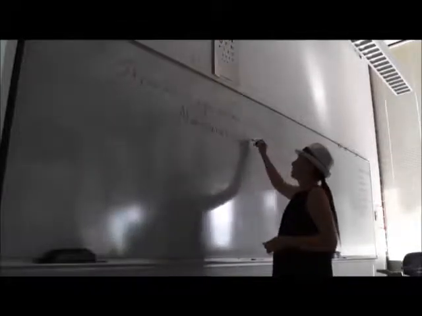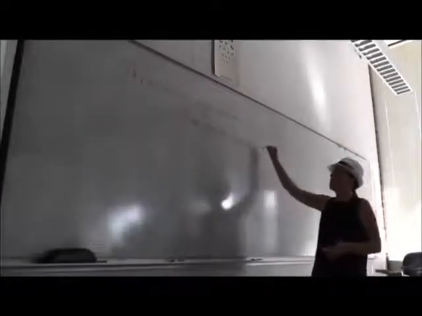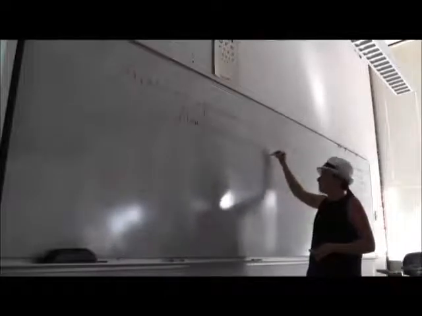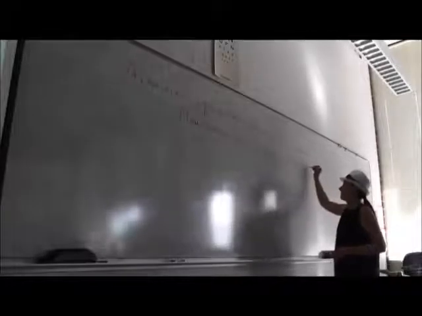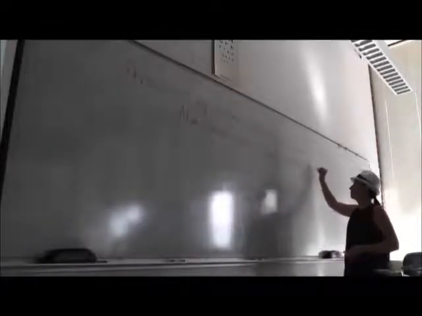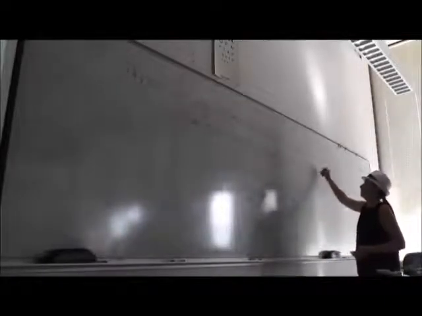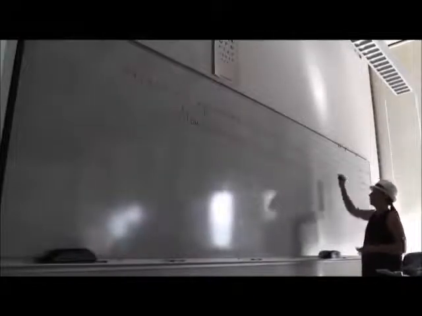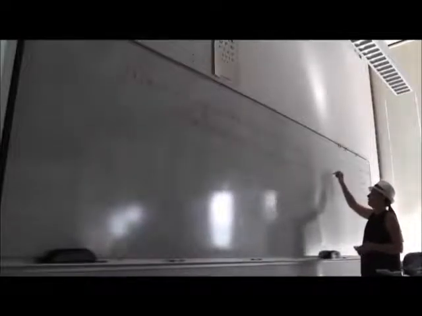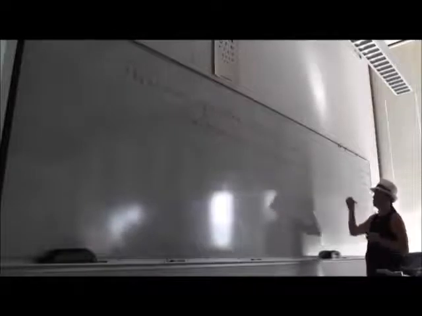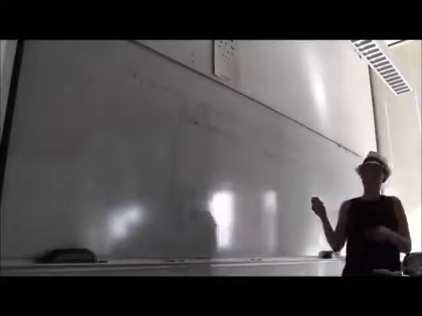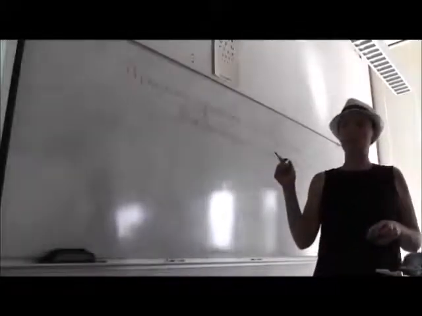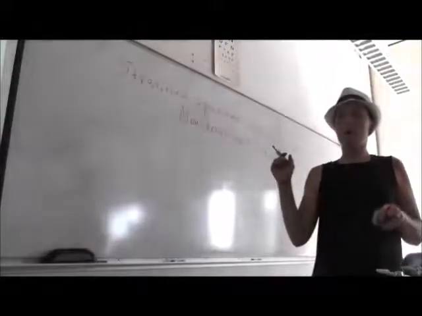So there are two versions of stratified squamous epithelia. Non-keratinized ones do not contain keratin. We find these in your esophagus, in the part of your pharynx called the oropharynx, and in places like the vagina, anywhere that is going to be exposed to abrasion.